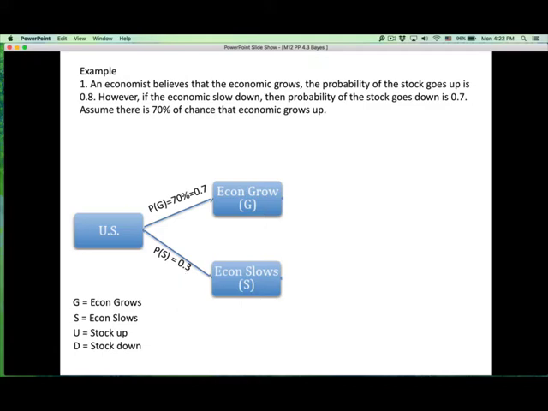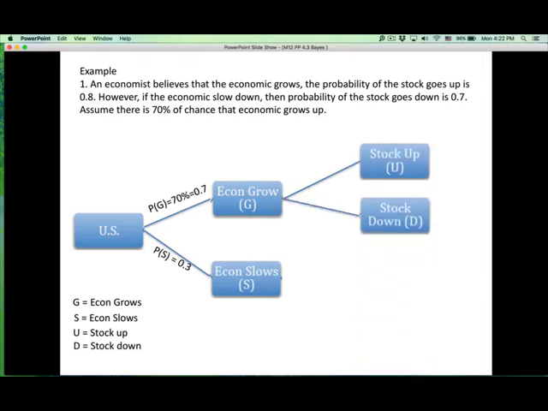Okay, and then when the economy grows, the stock can go up or the stock goes down. With the first sentence here, when the economy grows, the probability of the stock going up is 0.8. We know that the stock goes up is going to be 0.8, but be careful. This is based on the given information that the economy grows.